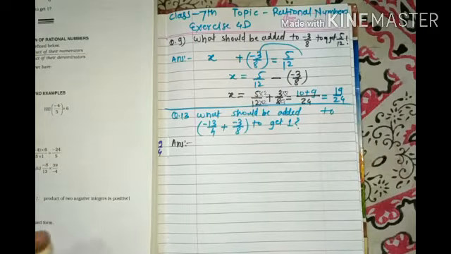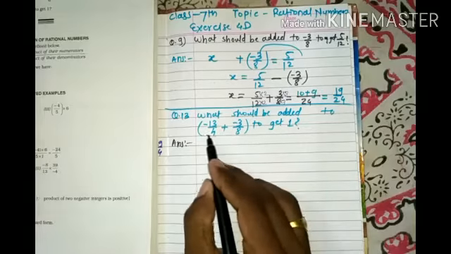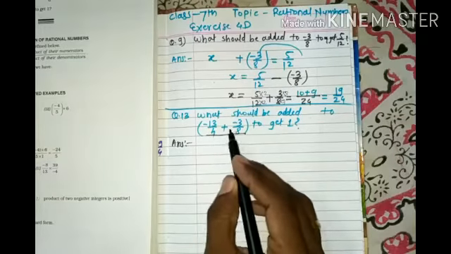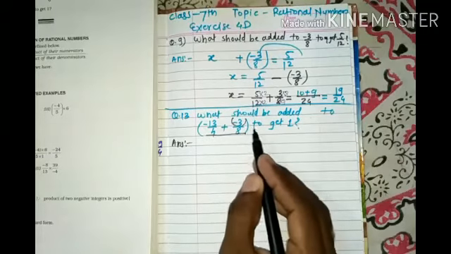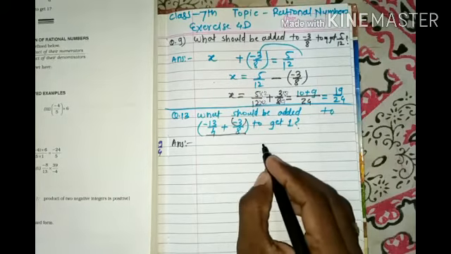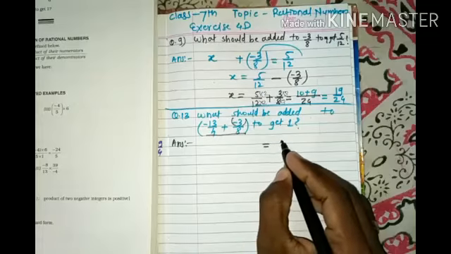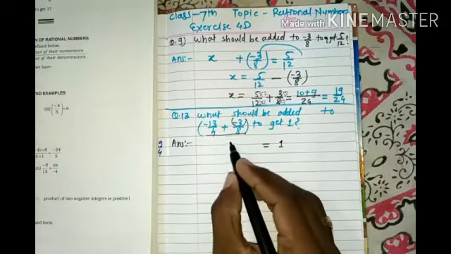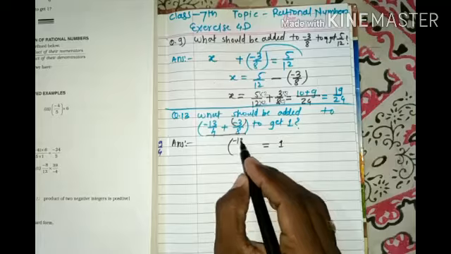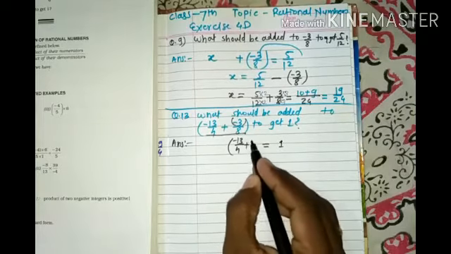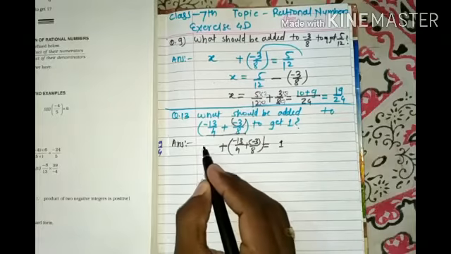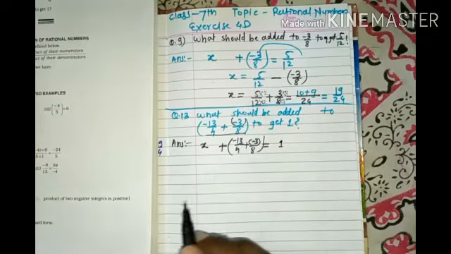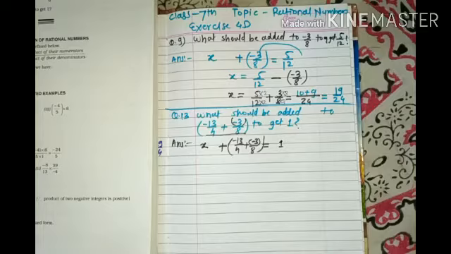Now let's see the next problem, question number 13. What should be added to this bracket, minus 13 by 4 plus minus 3 by 8, to get 1? So one thing is clear, we have 1 on the right hand side, and to this minus 13 by 4 plus minus 3 by 8 we have to add x, the number that we don't know.